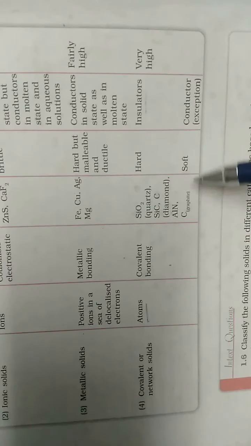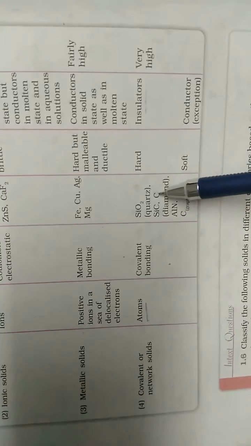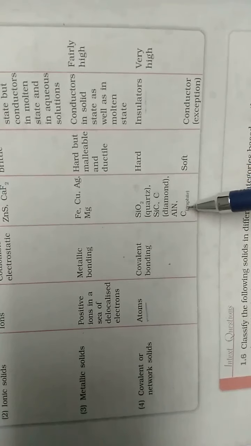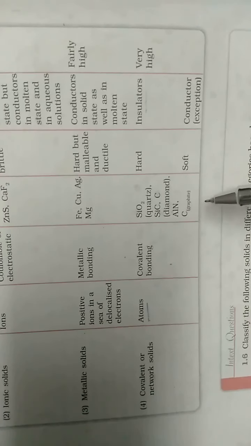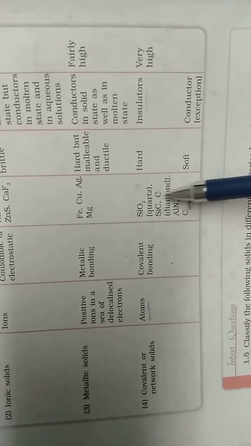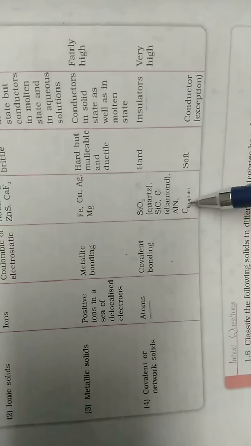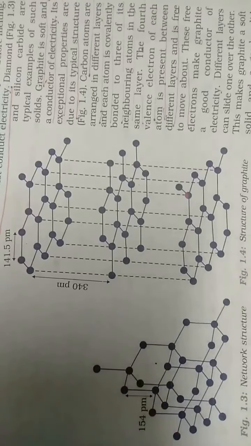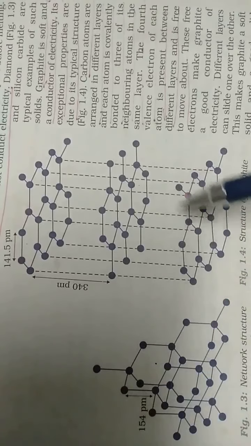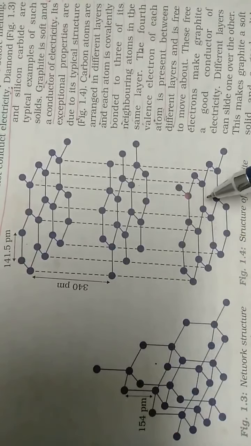So why? This is the structural difference between diamond and graphite. Diamond and graphite are the two allotropic forms of carbon. Diamond is hard but graphite is soft. This is the structure of diamond, this is the structure of graphite.